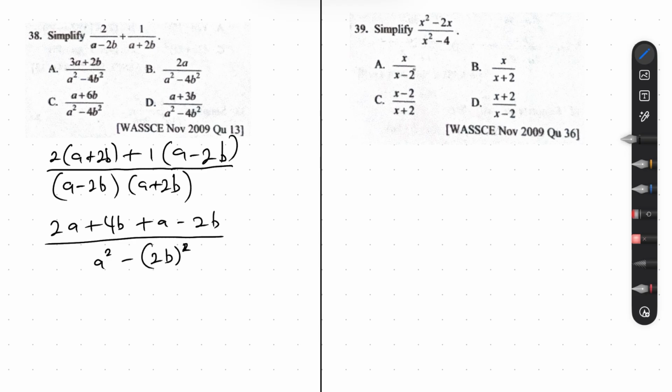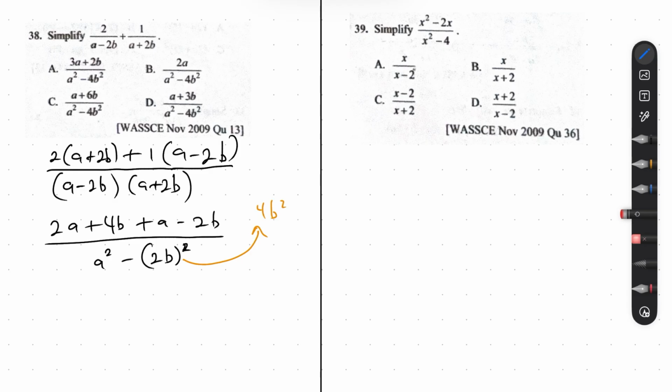And we know that 2b squared is the same as 4b squared, because the 2 is also squared and then b is also squared. So when we expand, we have 4b squared.